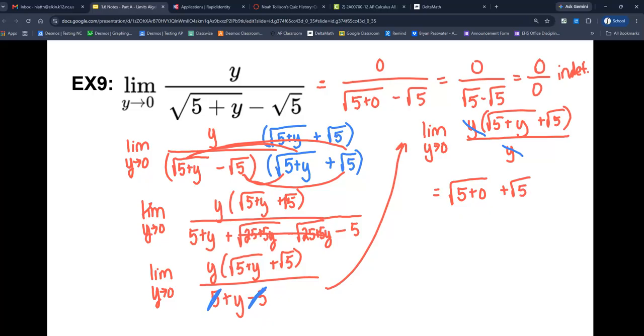So that's square root of 5 plus square root of 5. How are we going to write that? What's that? 2 times the square root of 5. Because it's like you've got one root 5 and another root 5, so that's 2 root 5s together.